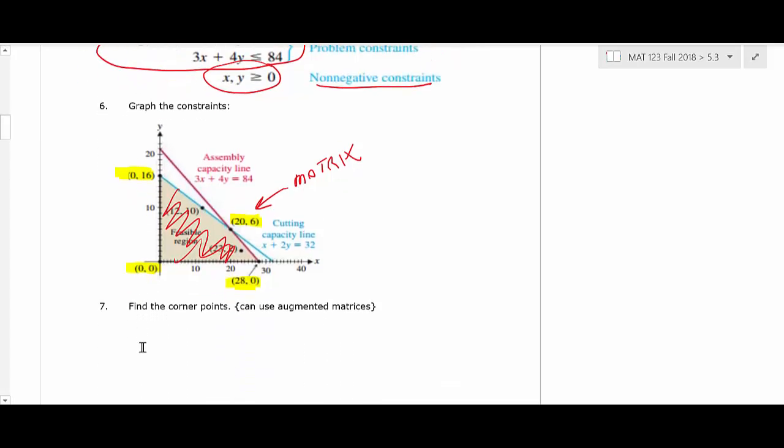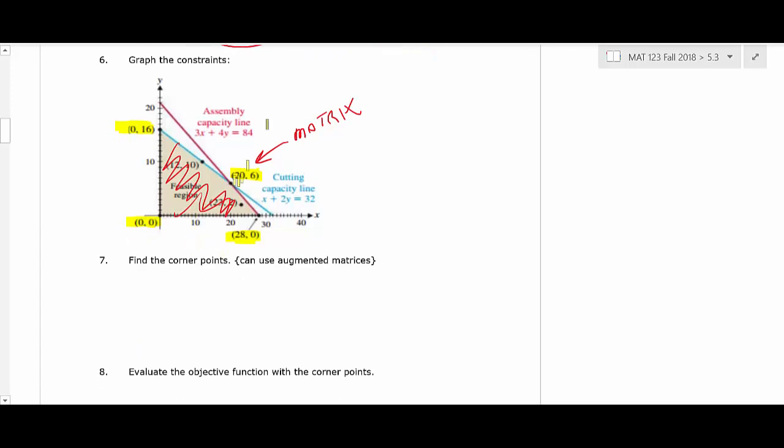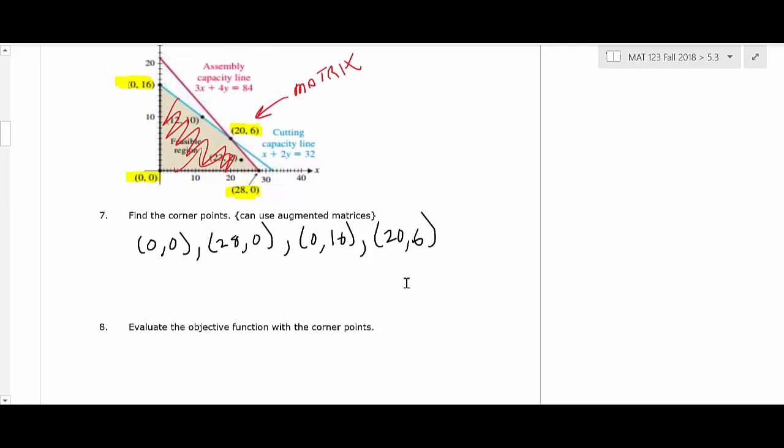Now, here's how you finish this up. So once you get your corner points, which are 0, 0, 28, 0, now I'll show you how to finish up the problem. You have 0, 16, and 20, 6. Now that 20, 6 came from a matrix, but I'm not going to do that because I've shown you how to do that. Now here's what you do.